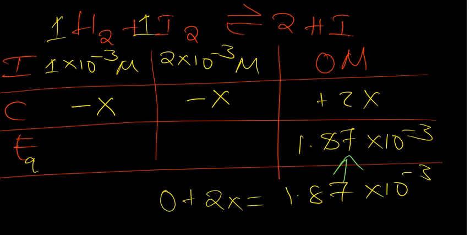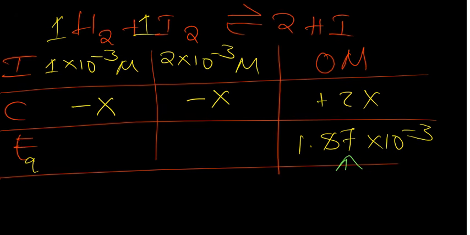And then if you grab your calculator, it's going to be very easy, because I can just say 1.87 divided by 2. So I'm getting a value of 0.935. Which can just say our value of x is equal to 9.35 times 10 to the power negative 4.